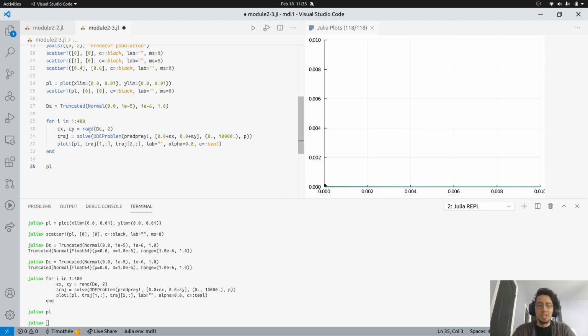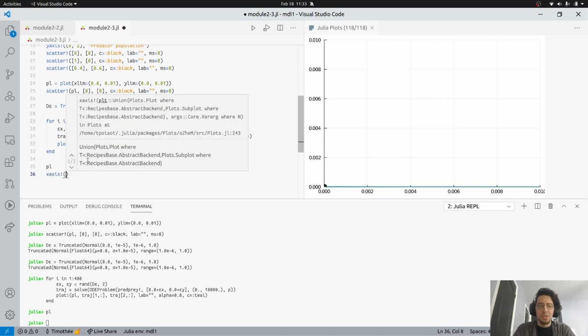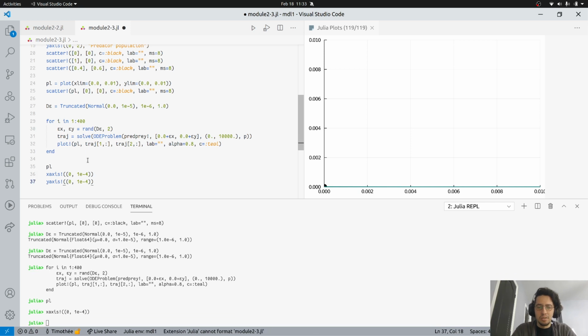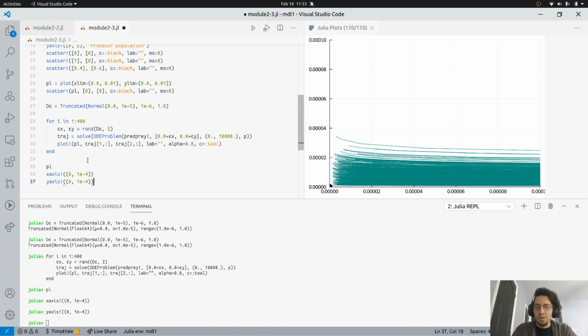If we wanted to zoom a little bit, let's say we set the x-axis from 0 to minus 4, and the y-axis does the same. We can see that all of these initial points here are going to be moving away from the equilibrium, moving away to the right. And so what that means essentially is that no matter what disturbance we apply here, we are going to leave this equilibrium, which is a fairly important result.